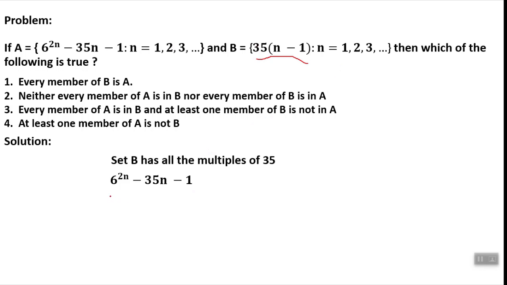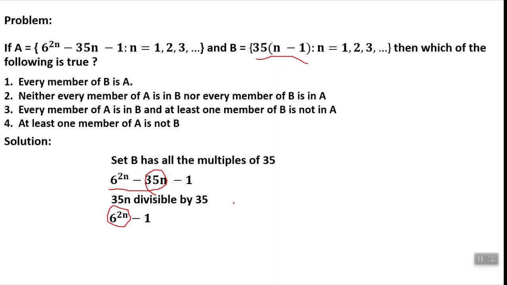So let us then look at set A. The element of set A is this. Obviously, this middle term, negative 35 times n, is divisible by 35. So what about the other 2 terms, 6 to the power 2n minus 1? Do you realize that this term, 6 to the power 2n, is a square, because 2n will always be an even number.